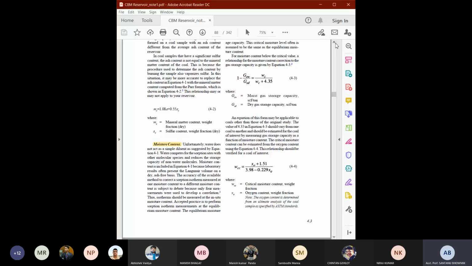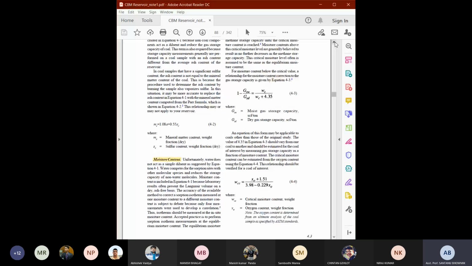You can see in the equation that they have also considered the moist gas storage capacity and the dry gas storage capacity. Obviously, the dry gas storage capacity is much more than the moist gas storage capacity. Why?